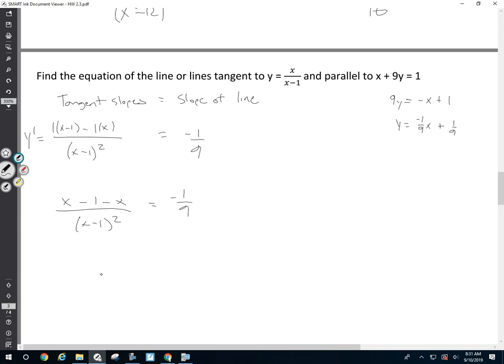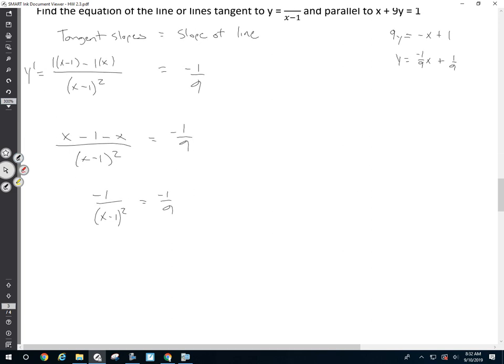x minus x is just the negative 1 over x minus 1 squared. Negative 1 over x minus 1 squared equals negative 1/9. Boom. This is an equation that I could solve. Now, there's multiple ways to solve this equation. I had an example in our notes for this. We can flip both sides and take the opposite of both sides, and we get x minus 1 squared equals positive 9.